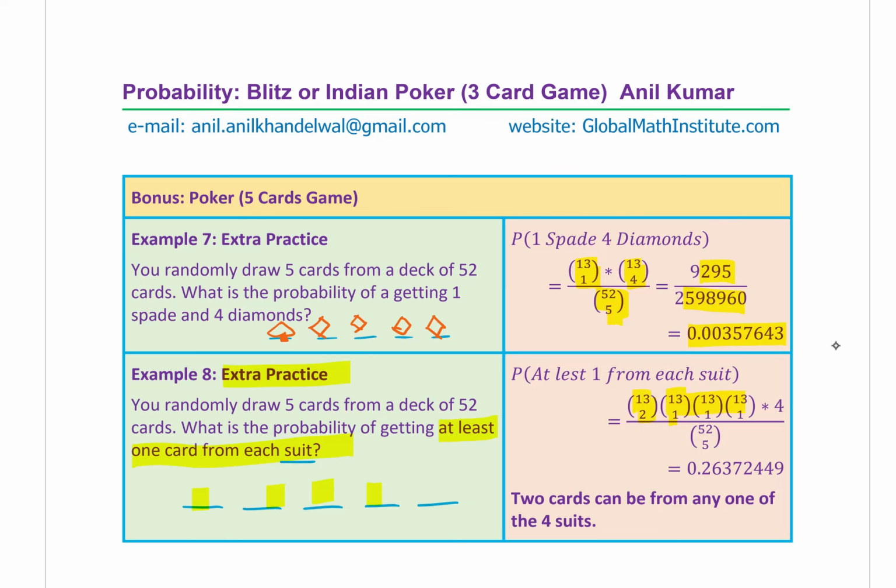So 13C2, correct? Well, if you select 2 from the diamonds, you could have selected 2 from hearts, spades, or clubs also. That is why we'll multiply by 4, because we have 4 choices for that particular suit. And that is how we get the numerator. Divided by the denominator, which is 52 choose 5, we get our answer, and that is a hand which is not a very high ranking one, and it has about 26% probability.